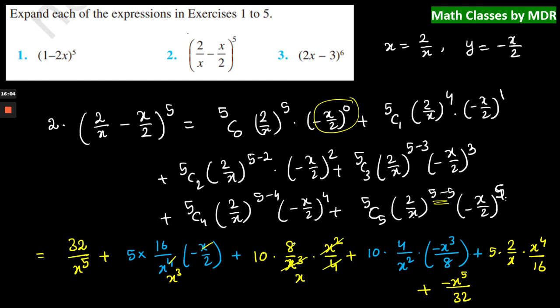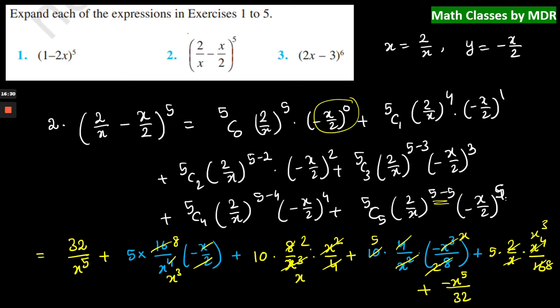So 8 by 4 is 2, right? Similarly here 2 will get cancelled and this is 8. And then what else we have? This is 4, this becomes 2 and 2, then 5, and then x square, x cube, so this becomes x. And this is x power 4, that becomes x cube, and this is 8. And this is as it is.